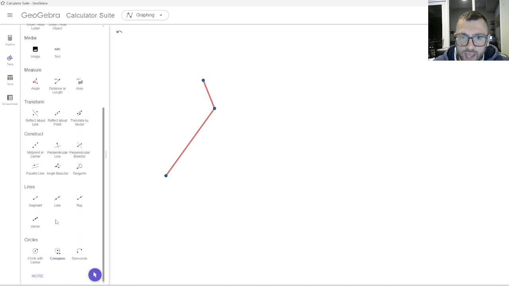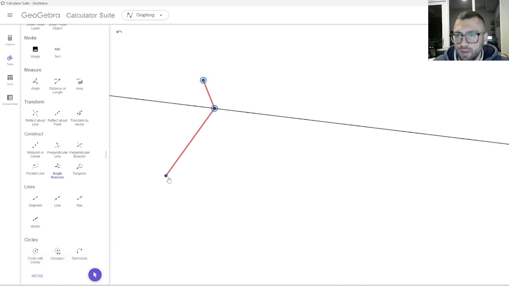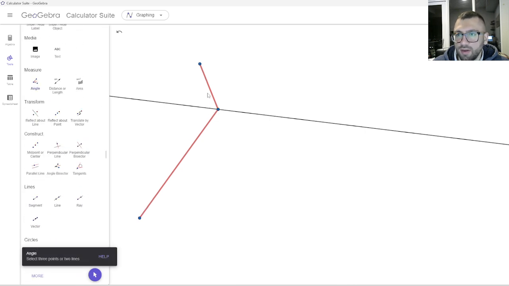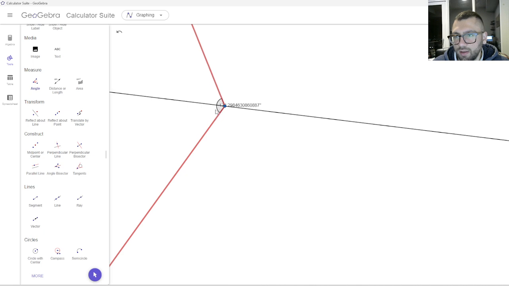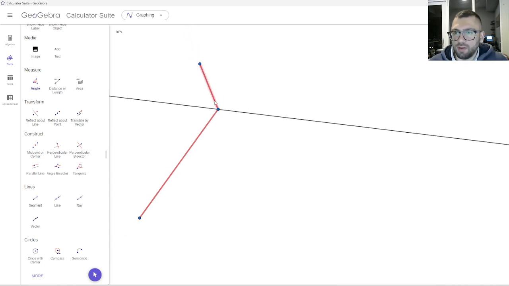They actually have an angle bisector here in GeoGebra, and if I measure the angle here, I've cut this angle, which is 128 or something degrees, into two angles. That's wrong. That's still wrong.